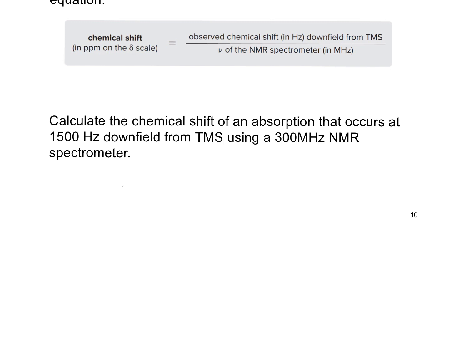We take 1500 hertz, the observed chemical shift downfield from TMS, and divide it by the frequency of the spectrometer, which is 300 megahertz, and that gives us 5 ppm. Now, we report that NMR absorption as a fraction of the NMR operating frequency, and that's what gives us the units ppm, and that makes this independent of the spectrometer.